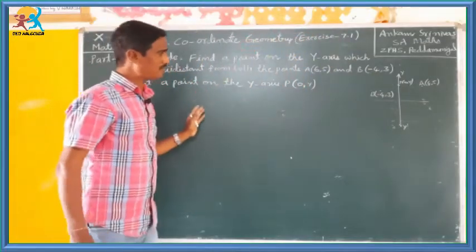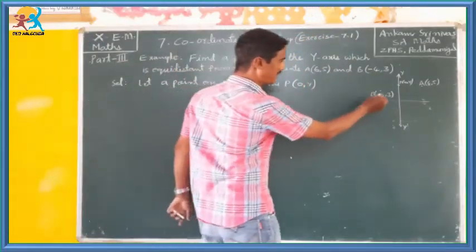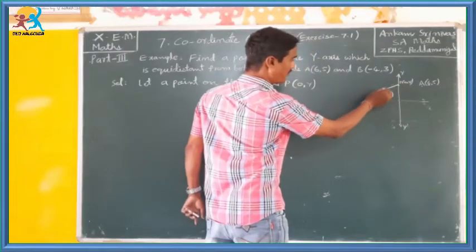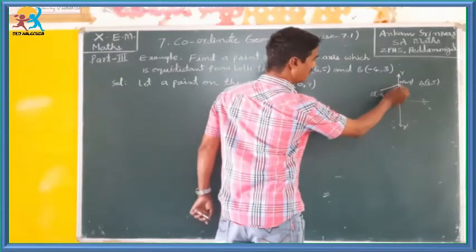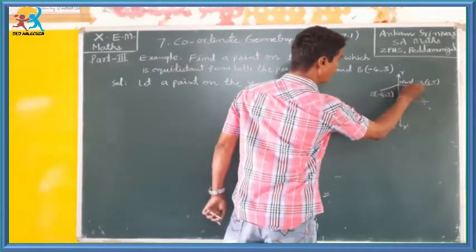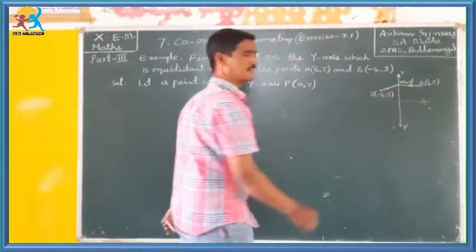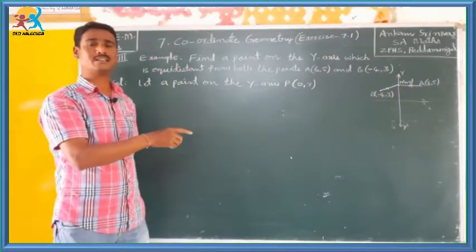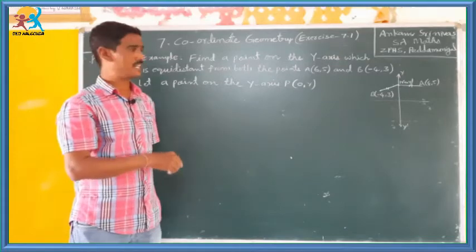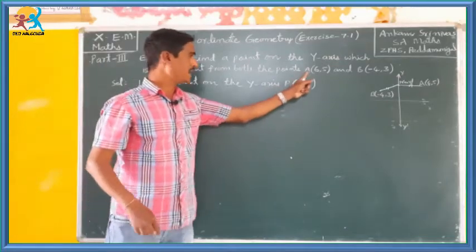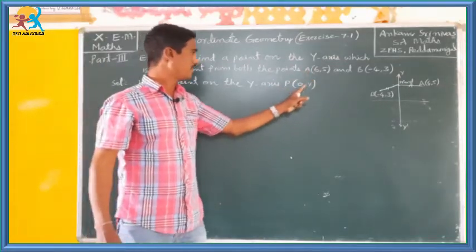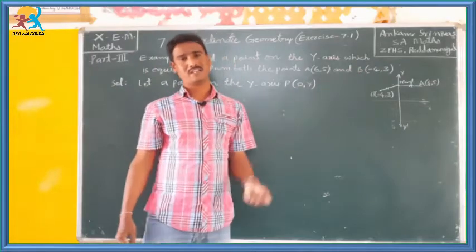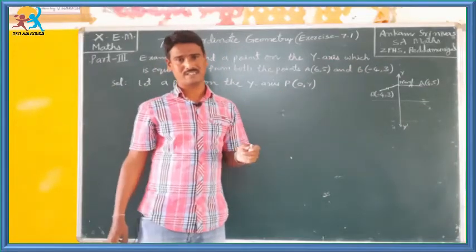So what is the meaning? The distance between P and B and the distance between A and P, these two are equal in length. The length of BP equals the length of AP. The distance between P and A and the distance between P and B are equal as per the given information.